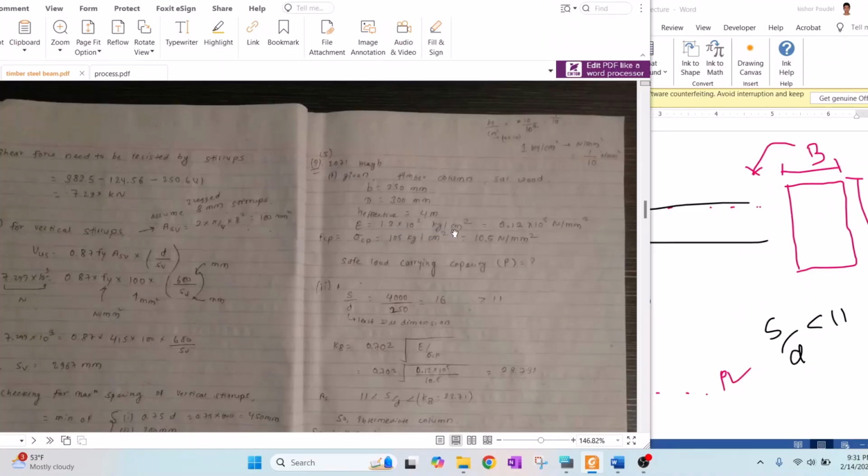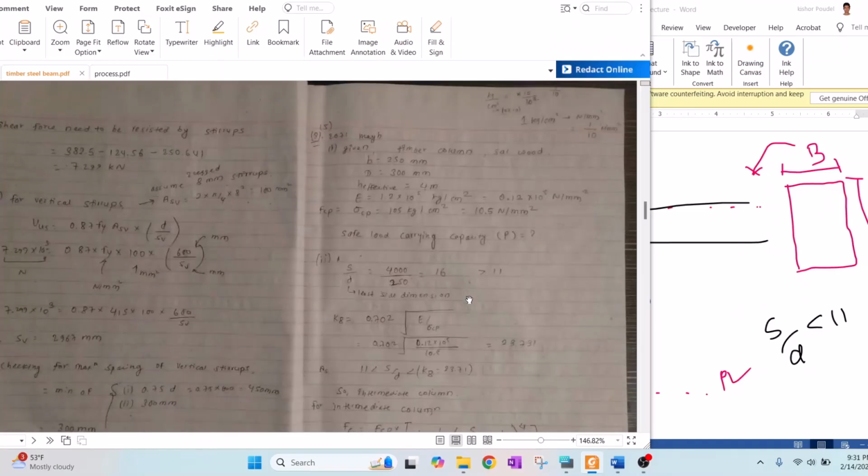We need to convert this value to Newton per mm square, because we are using the Newton mm unit for the whole calculation. So we convert the value of E, and it becomes 0.12 multiplied by 10 to the power 5. Another parameter is FCP, sometimes written as sigma CP.